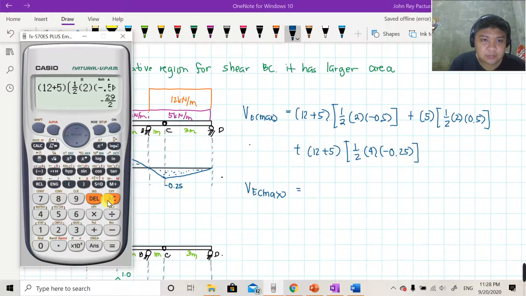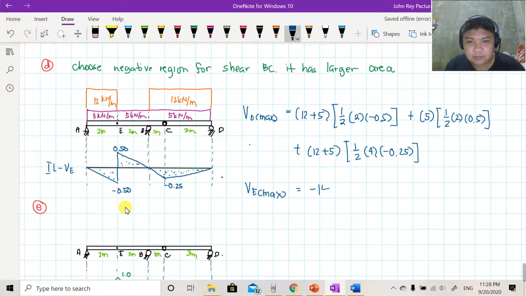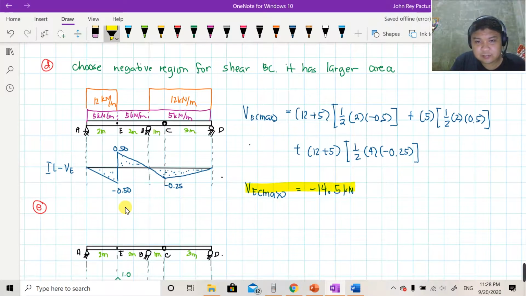So ang sagot natin is negative 14.5. No choice tayo, since negative siya, yun naman talagang magiging sagot for the maximum shear at E. So talo niya si positive. Sorry for that word, okay?